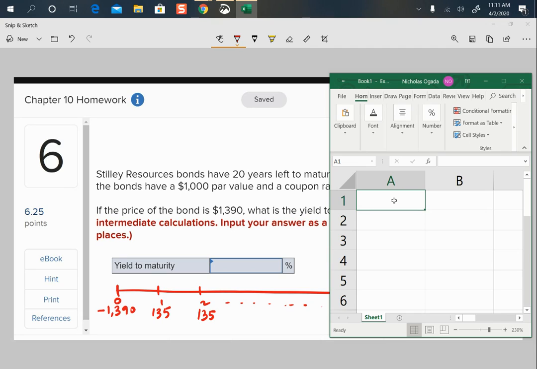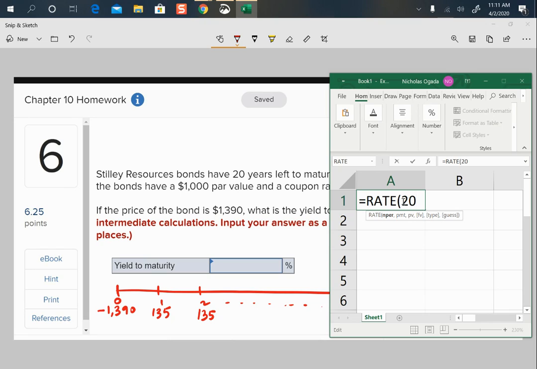You enter into a cell, and by formula, you can pull up the formula through Excel if you want to, but the easy way is to say this is equal to, we are looking for the rate. Then we open our parentheses, and you have the options to guide you on what you need to enter. For example, we need to determine the number of periods. We know that we have 20 years left on this bond, and these bonds are paying interest every year, and therefore in this case our number of periods is 20.